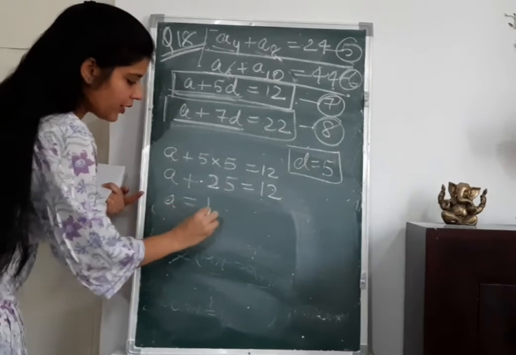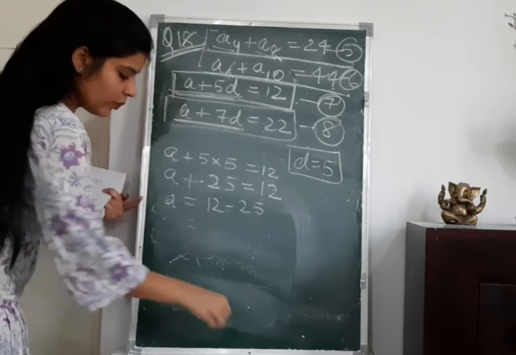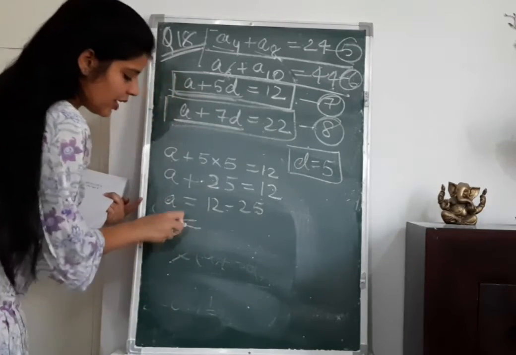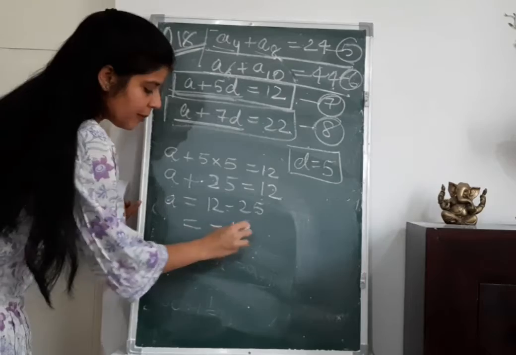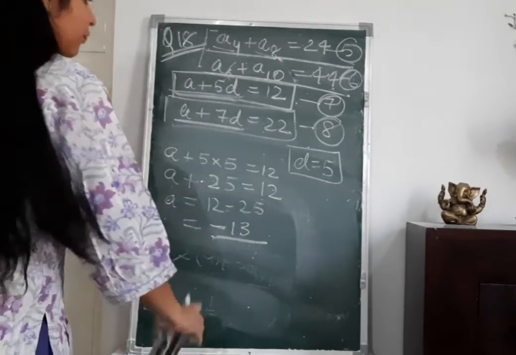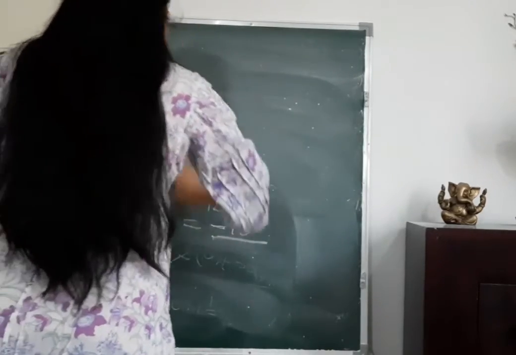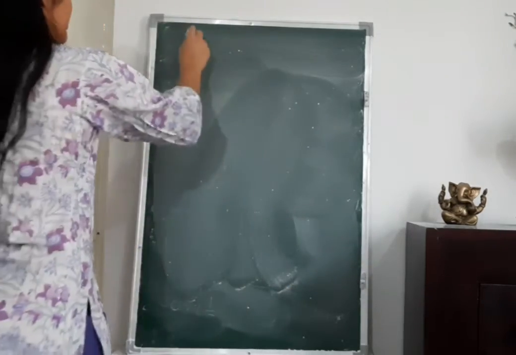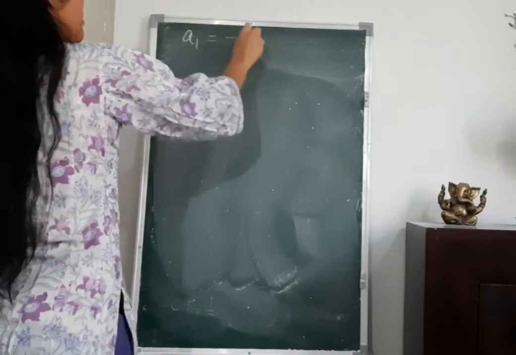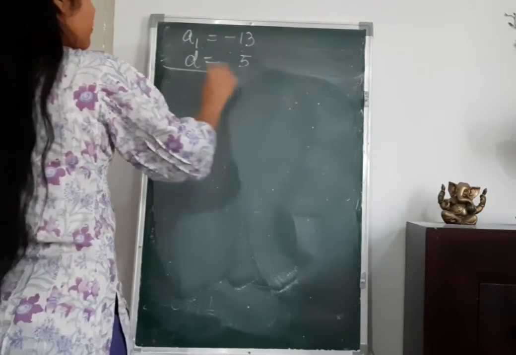A is equal to what? 12 minus 25 is equal to what? Minus 13. So the first value for this series will become what? Minus 13, and the common difference is 5. So A1 is equal to minus 13. Common difference is equal to 5.